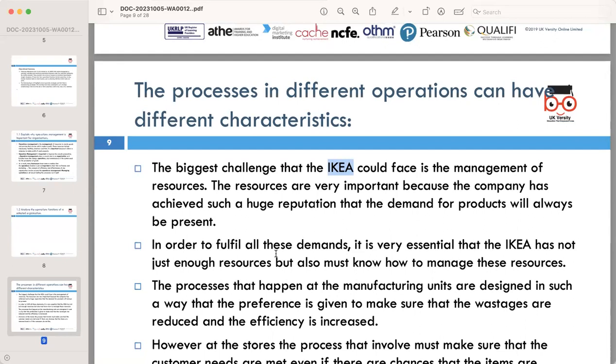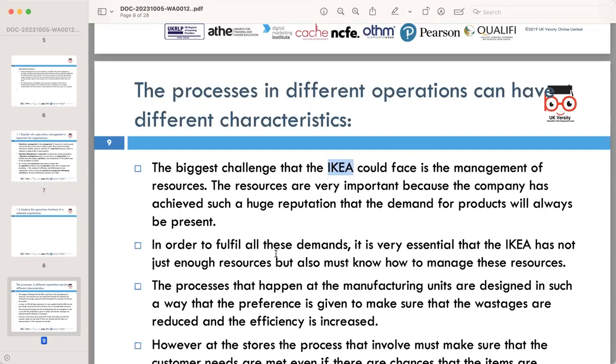Given its formidable reputation, the demand for IKEA products is consistently very high. Consequently, it is imperative for IKEA to not only possess adequate resources, but also the expertise in resource management. The manufacturing units of IKEA are designed to minimize wastage and enhance efficiency.